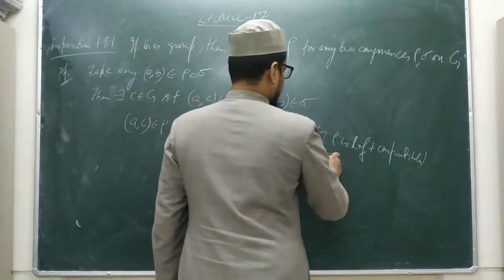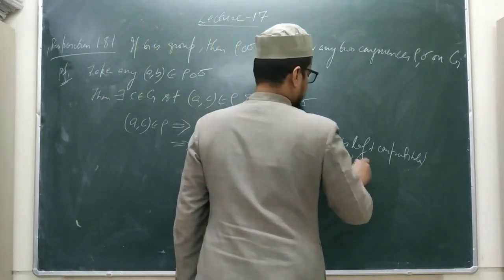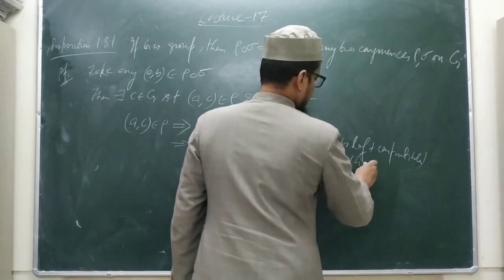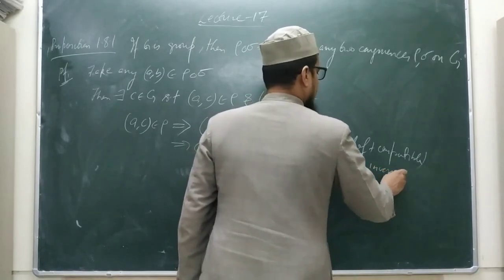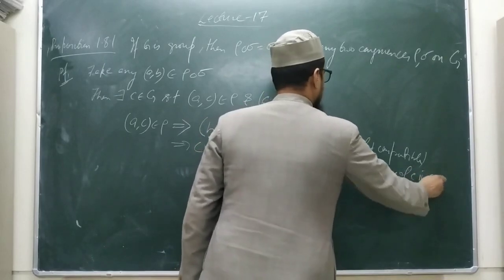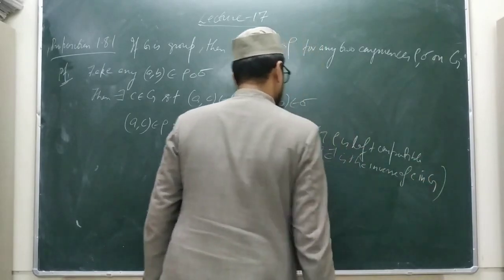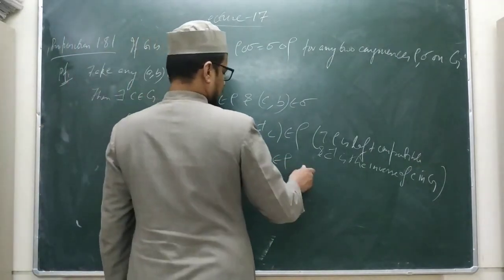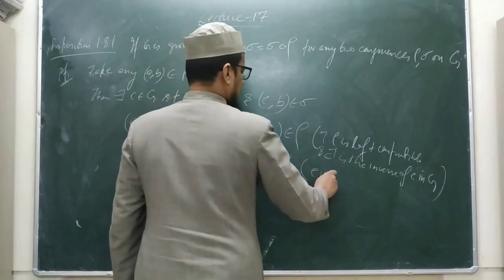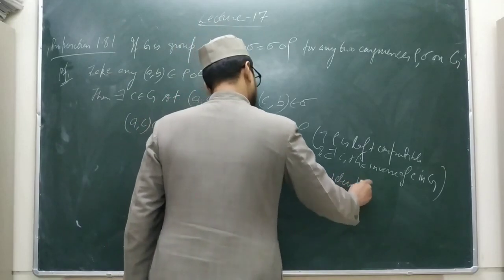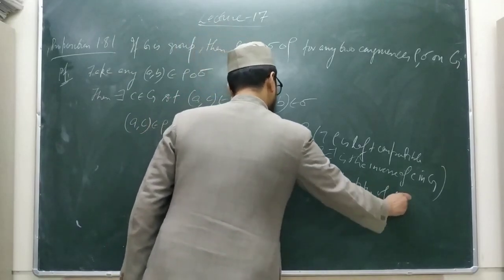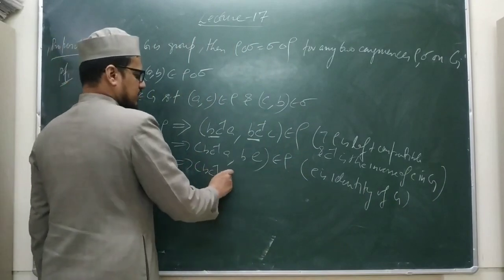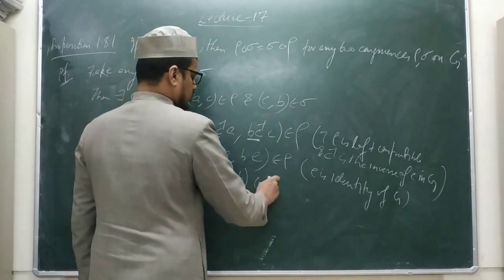You can also write here C inverse is the inverse of C in group G, correct? Now the situation is like this. So B into E is B, where E is the identity of group G, correct? So it implies that (BC inverse A, B) belongs to rho.